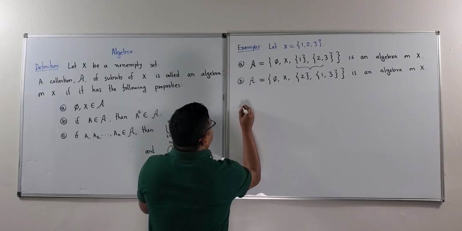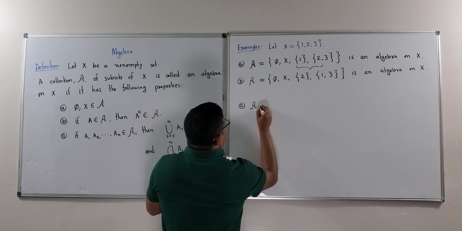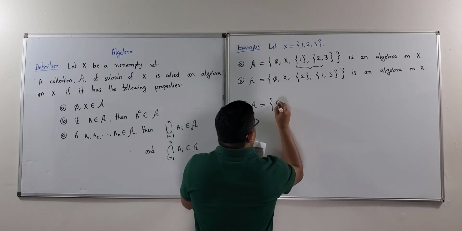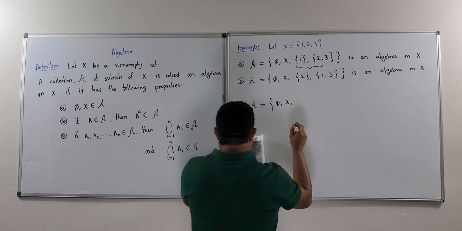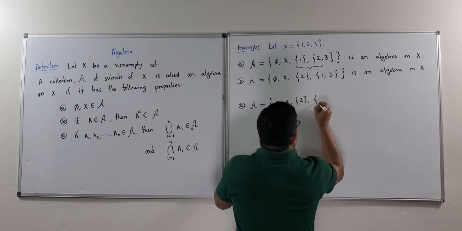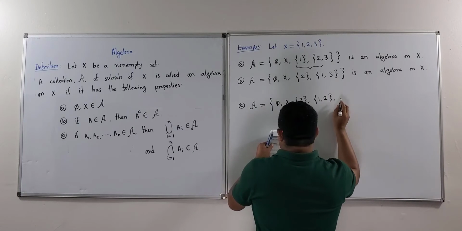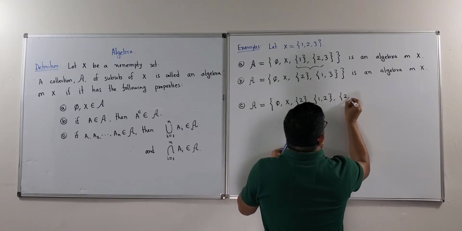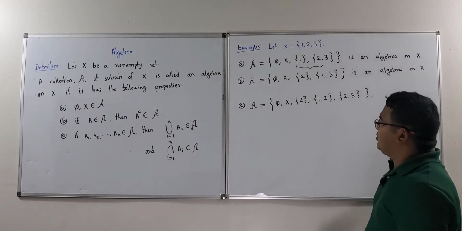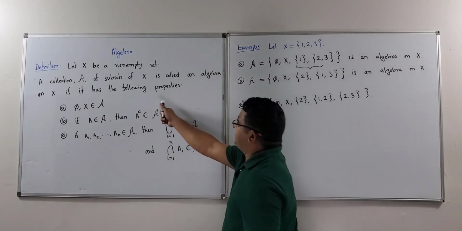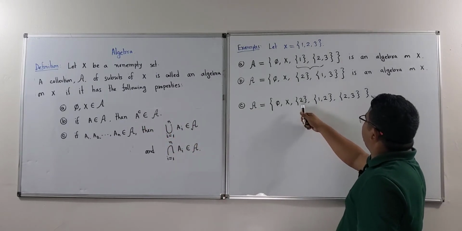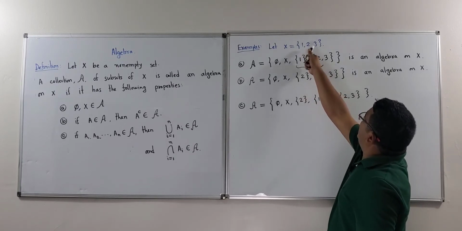How about this one? If we consider this one: the empty set, then X, then {2}, then {1, 2}, then {2, 3}. Is it an algebra? Okay, let's check. So the first property is satisfied. How about the second one? If we consider {2}, what's the complement of {2}? The complement of {2} is {1, 3}, right?